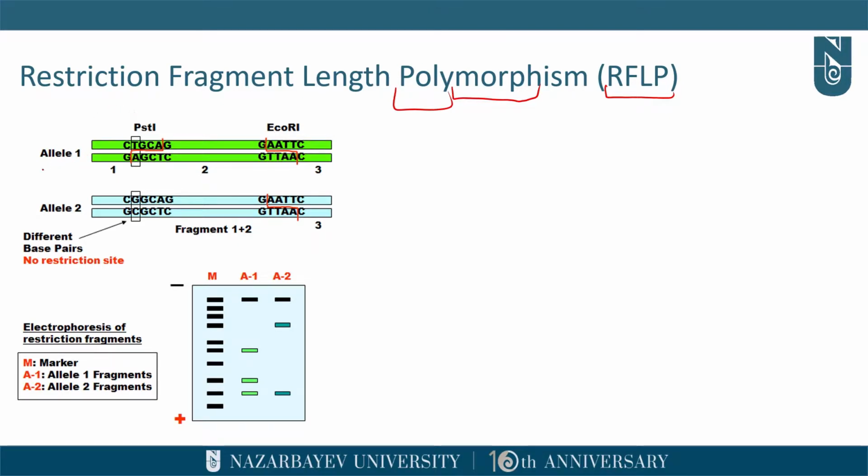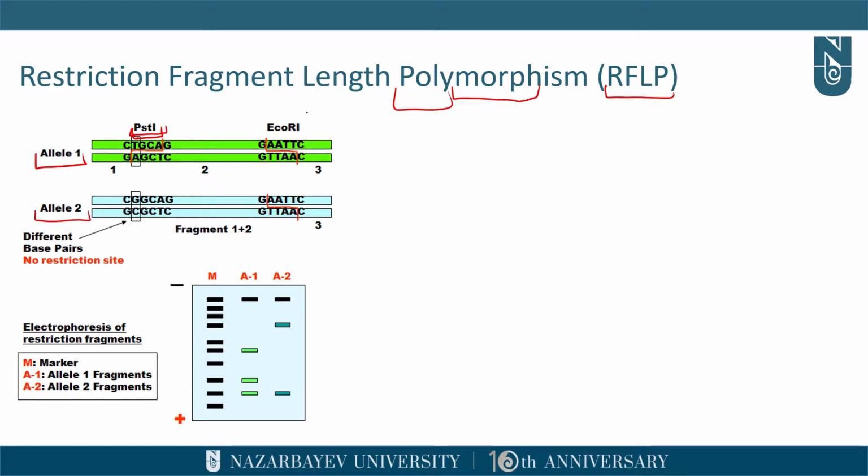Let's say that we have a gene in one person, and allele 1 has the sequence that can be cut by PstI. On allele 2 we have a sequence with a point mutation that is not critical, and this point mutation does not allow the function of PstI. So instead of AT we have CG here, and of course PstI will not cut the DNA here.